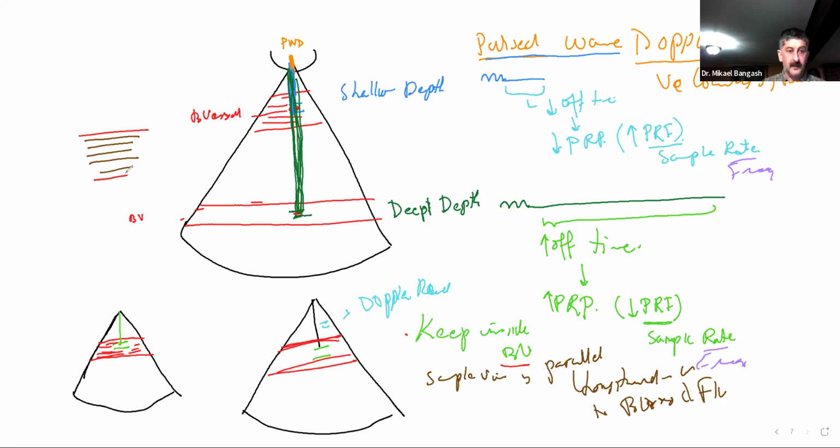Because the blood vessel is like this across your image, so you will have to keep your sample volume steered like this. Did you guys get that?